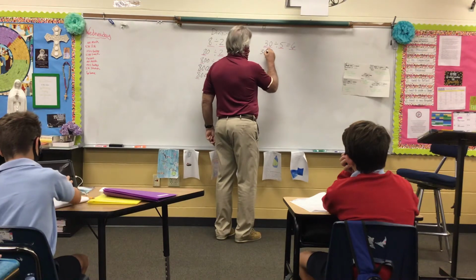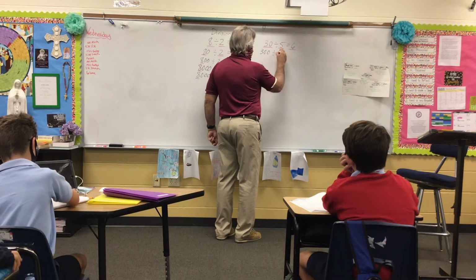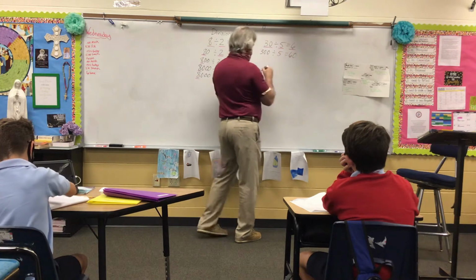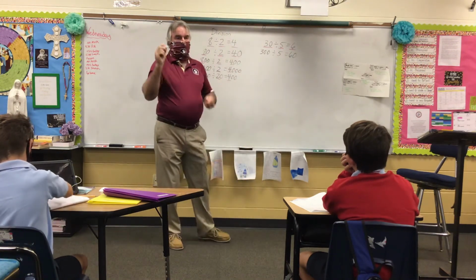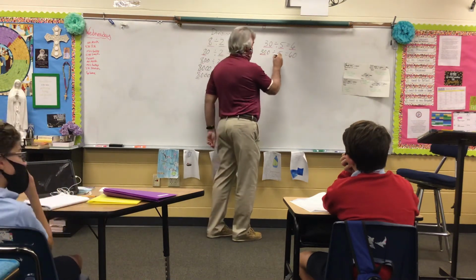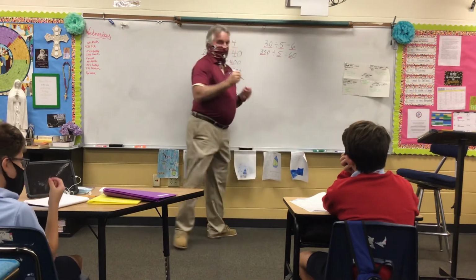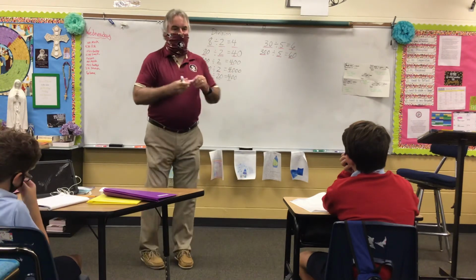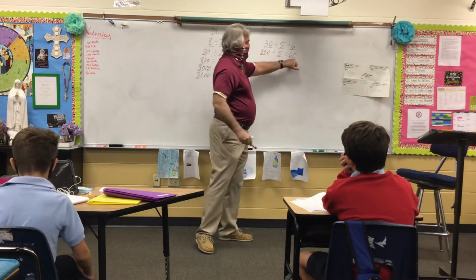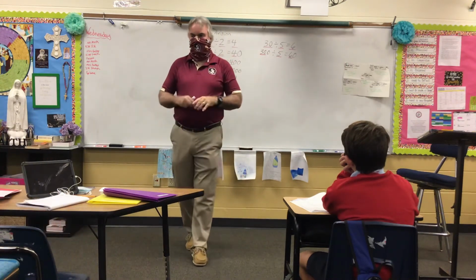Then if I have 300 divided by 5, I will have 60, because 30 is my basic fact. And there's 1 zero left over. So that's where the 1 zero comes over.